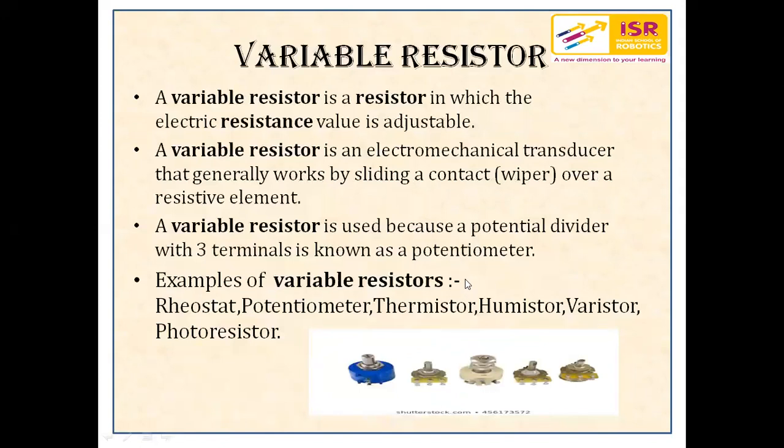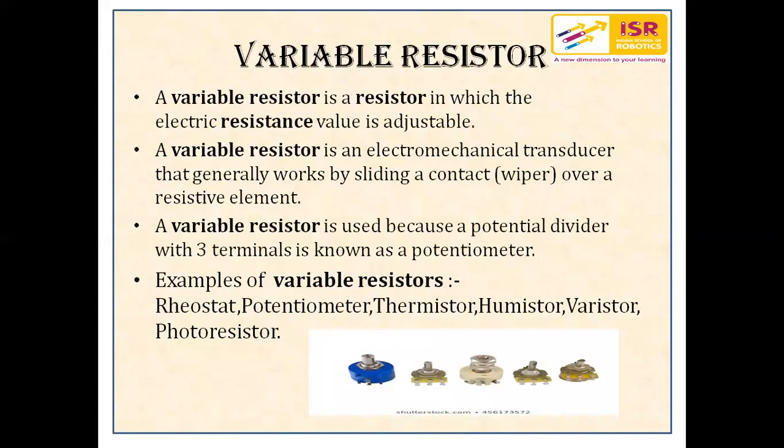Second is your variable resistor. That is the other type of resistor we have. A variable resistor is a resistor in which the electrical resistance value is adjustable. In the case of fixed resistors, you have two terminals only, but in the case of a variable resistor, you have three terminals. The third terminal is known as the wiper.